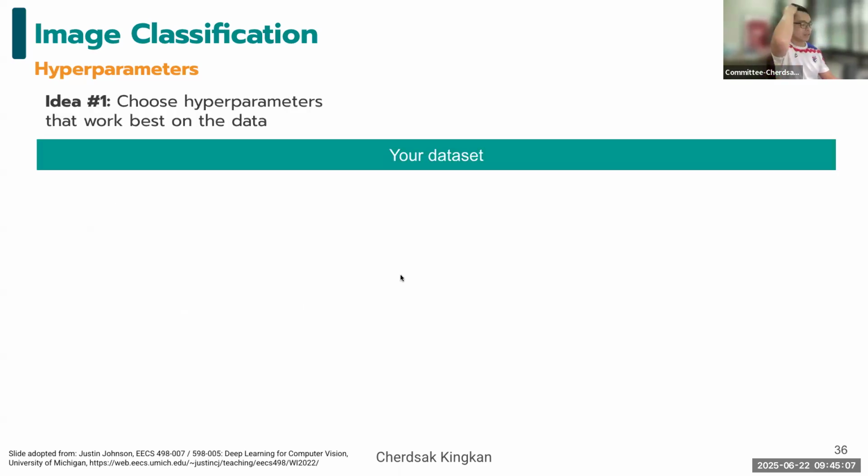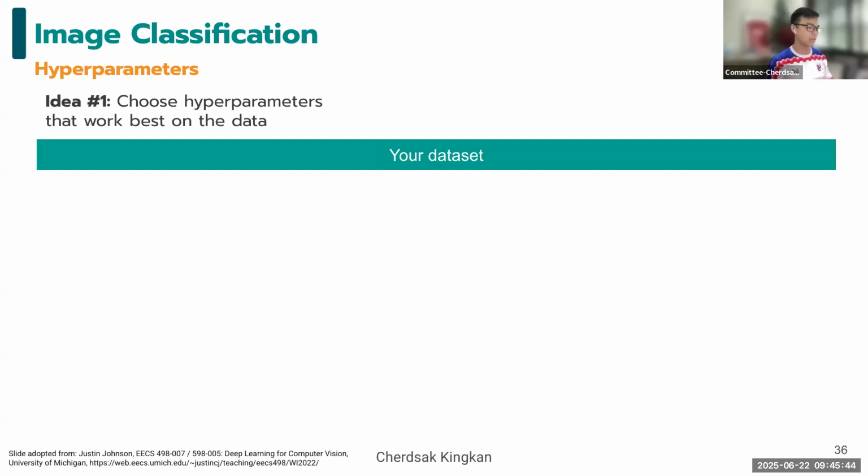So in order to train the classifier and choose the hyperparameters, the first idea would be to choose the hyperparameters that work best on the entire data set. You just train your model on the entire data set and keep changing the hyperparameters, k and the distance metric.